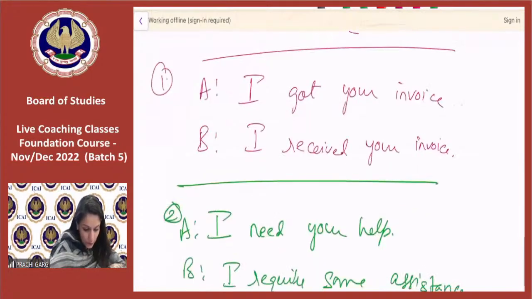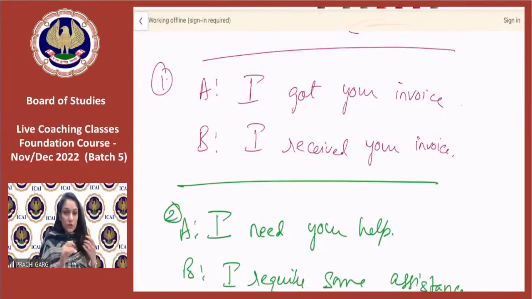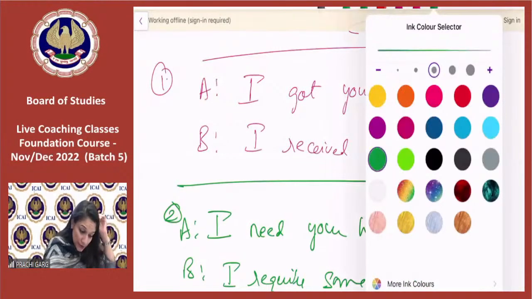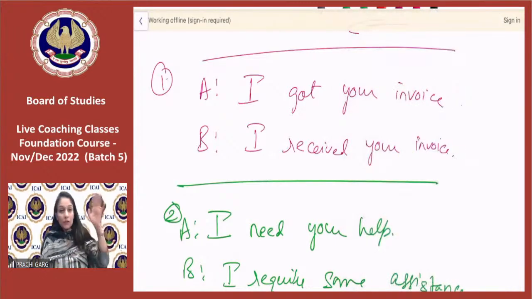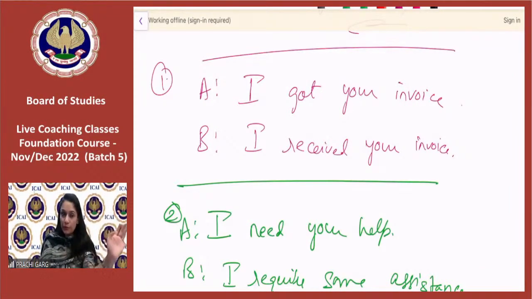Okay. Now look at these two examples, one mentioned in pink and one in green. Let's look at the pink one first. A says, I got your invoice, and B says, I received your invoice. Both are trying to say the same thing. The meaning is not different.